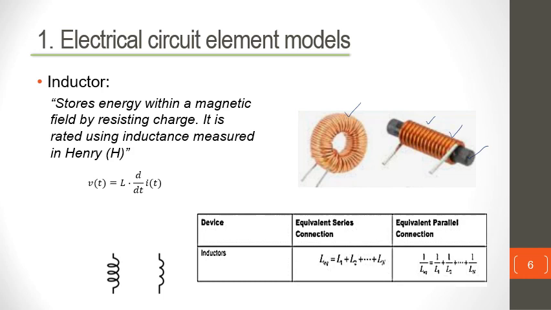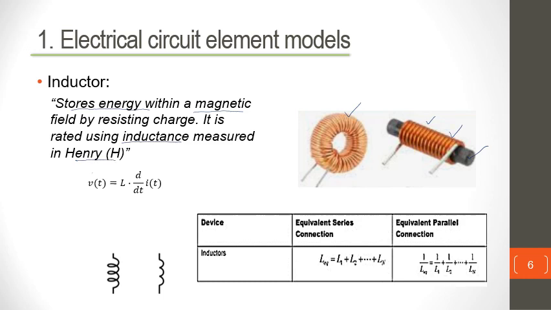An inductor, on the other hand, stores energy within a magnetic field. Remember, we said a capacitor stores charge within an electric field. The inductor in this case stores energy within a magnetic field, and the inductor is rated by what's called inductance L, and the inductance is measured in henries.